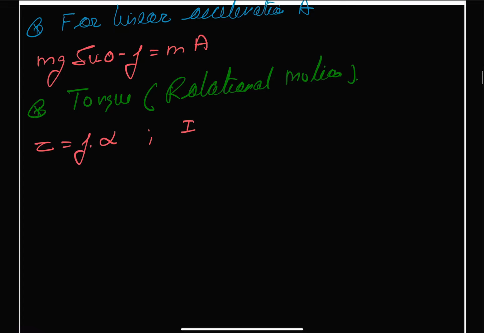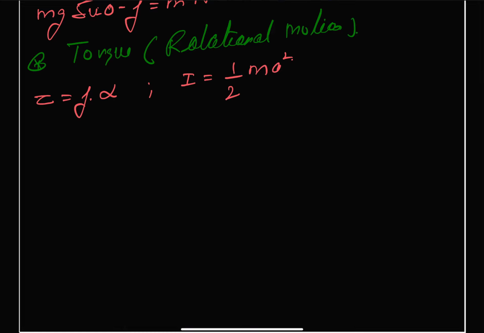The moment of inertia I is half m a square. We know the relationship that tau is equal to I times alpha. Therefore, tau is f times a.